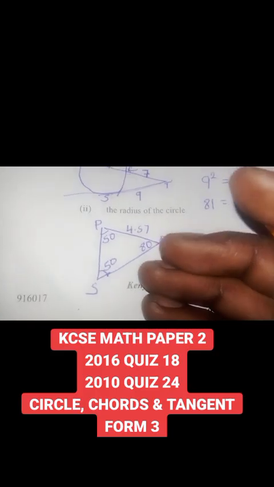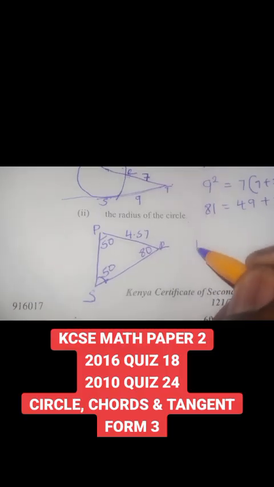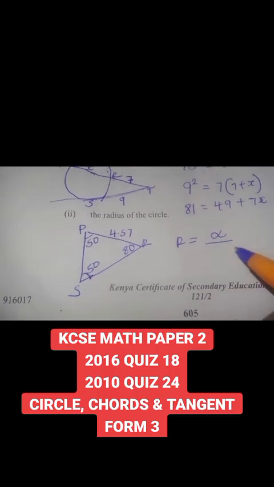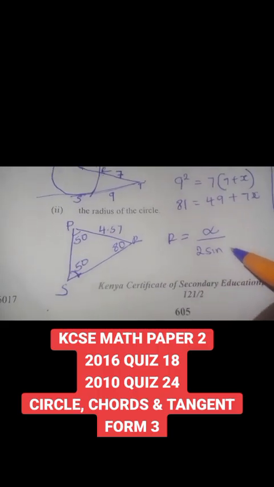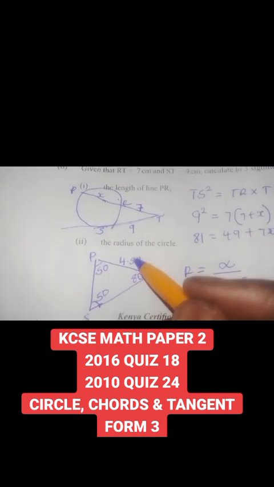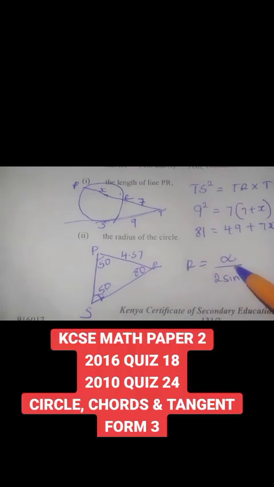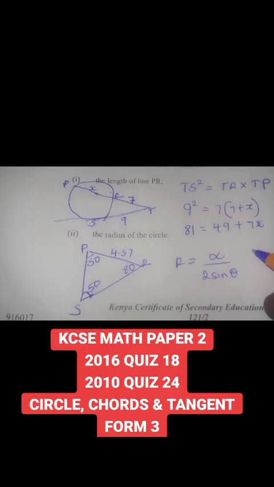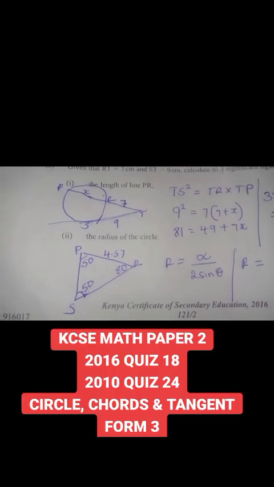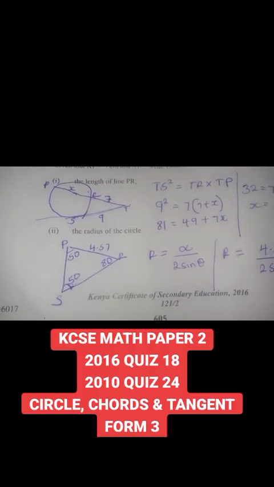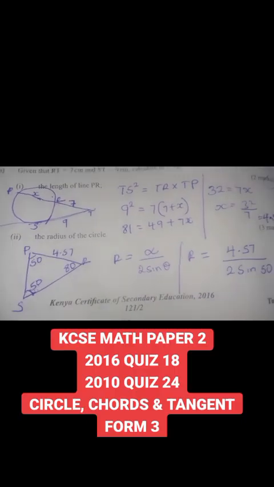So to find a radius, we will say that the radius will be the opposite side over 2 sine theta of the angle. So if this is the side that I have, I'm going to take 2 sine of this, or you can say 2r is equal to the opposite over sine theta. So the radius is going to be 4.57 divided by 2 sine 50.